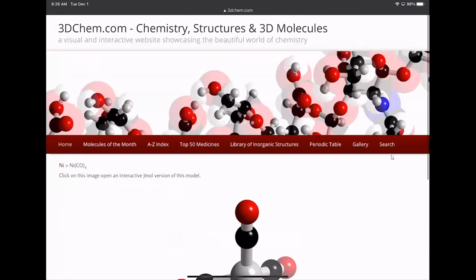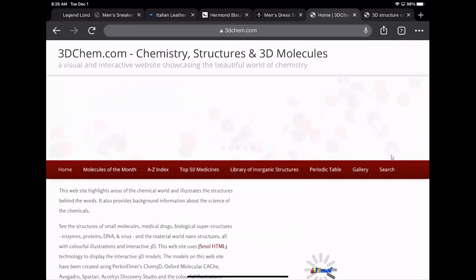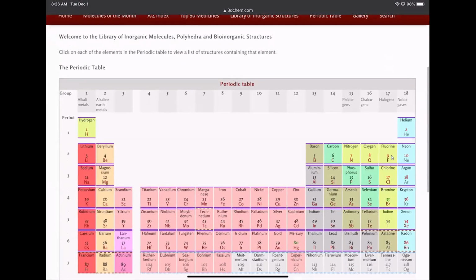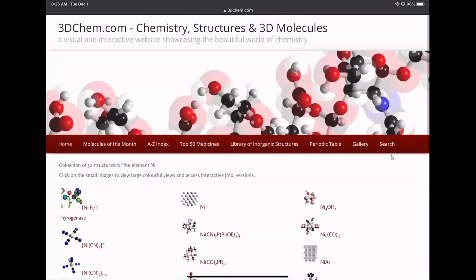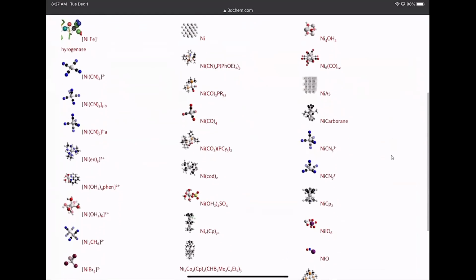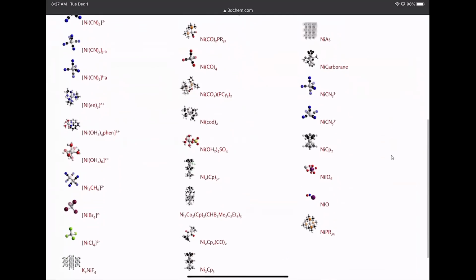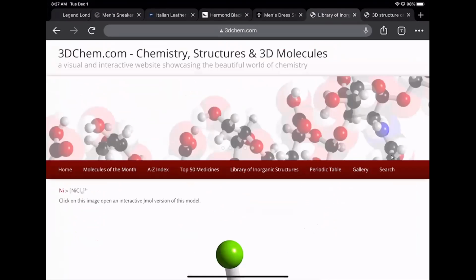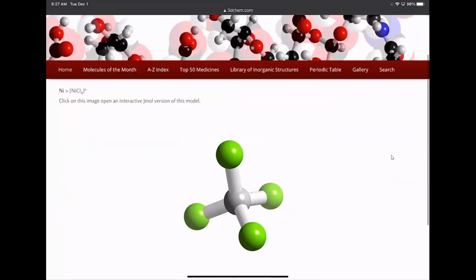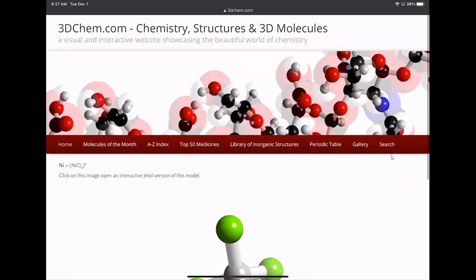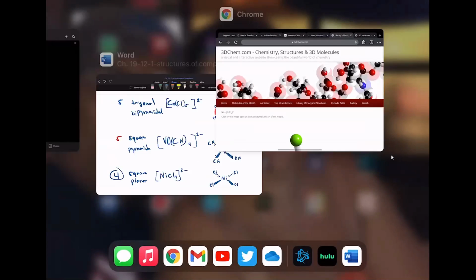Tetrahedral, and no, nope. SCN5, tetrahedral. Nope. Oh, will not give me one for tetrahedral. Won't let me rotate it. All right, well, let's go back.